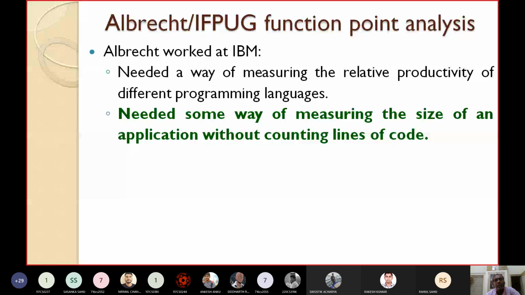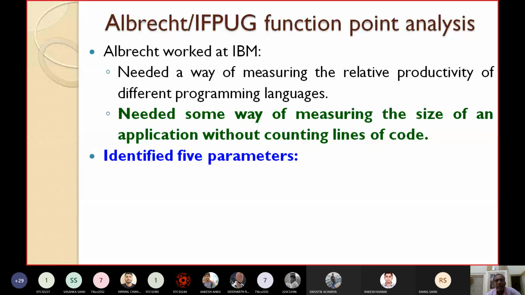That's why he thought, let's develop a new way to measure the size of an application without counting the lines of code. So he identified 5 parameters. After doing a huge amount of research, he found that if we can estimate these 5 parameters, then perhaps we can estimate the size.